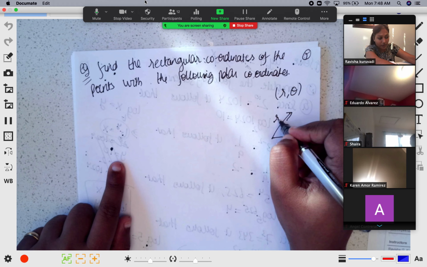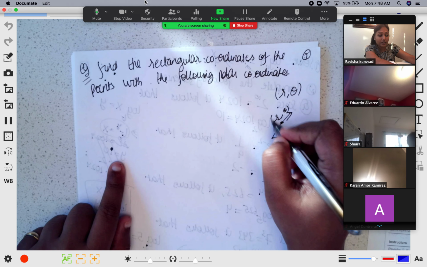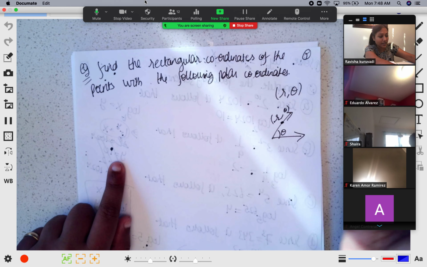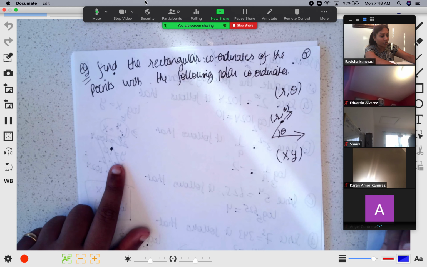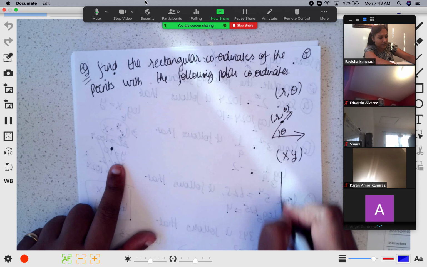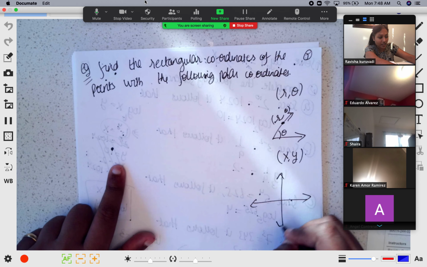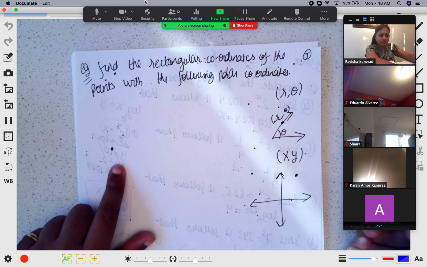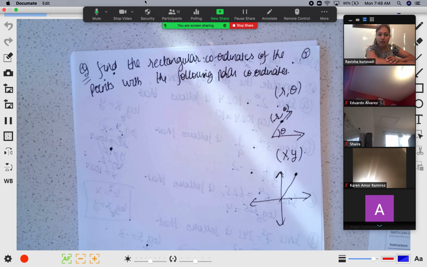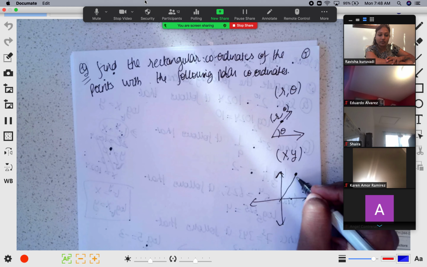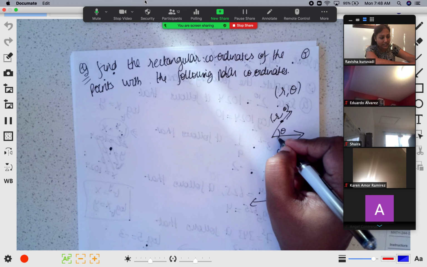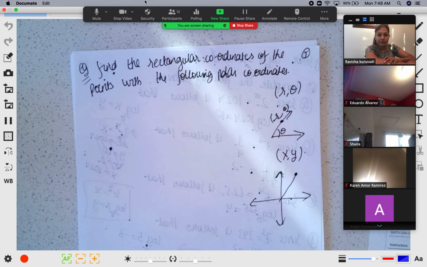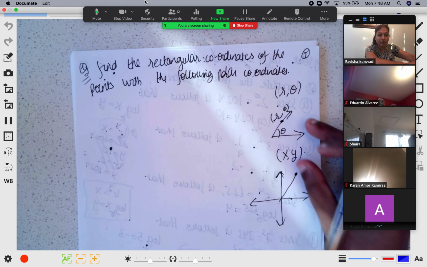But if I give you rectangular coordinates, x, y, you just plot the x point and join it to the center. In rectangular, you just plot the point and join the line. In polar, first you need to draw the theta and see your r accordingly. That's the difference.